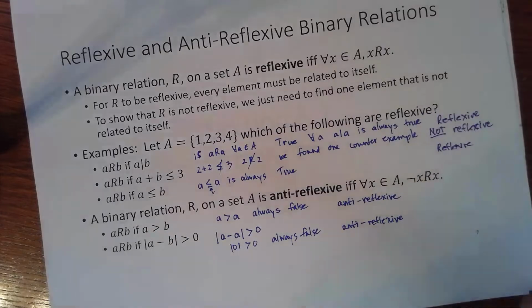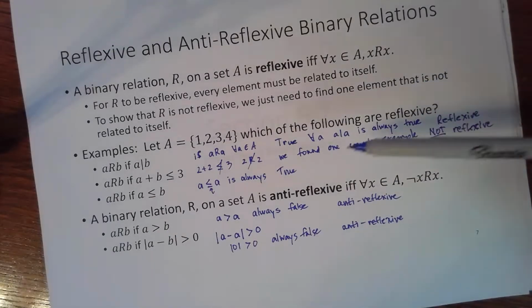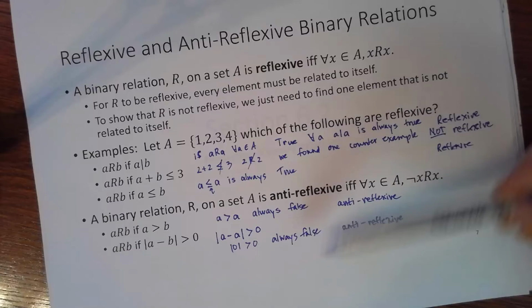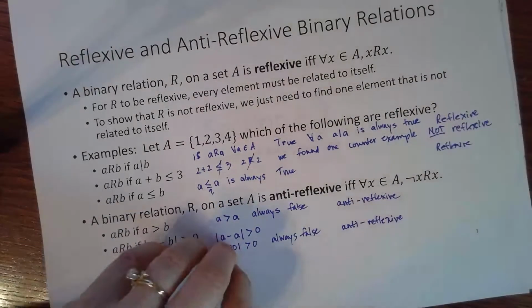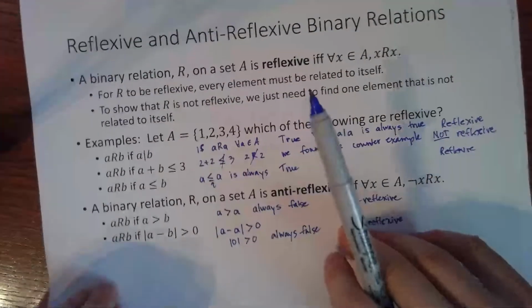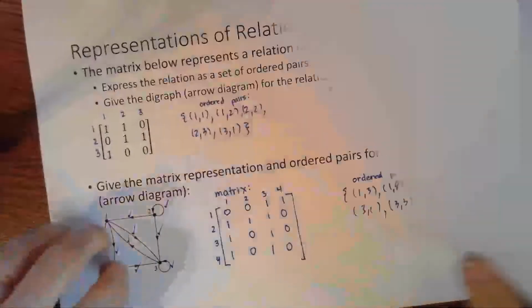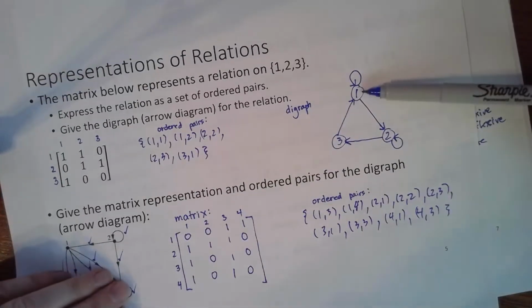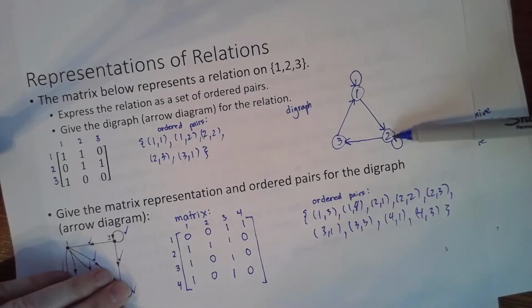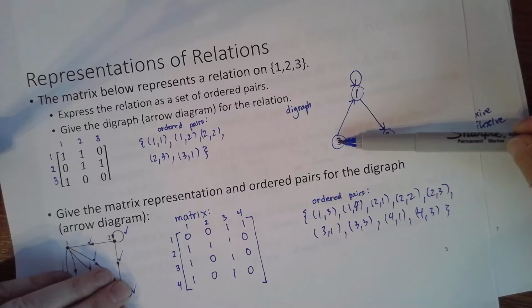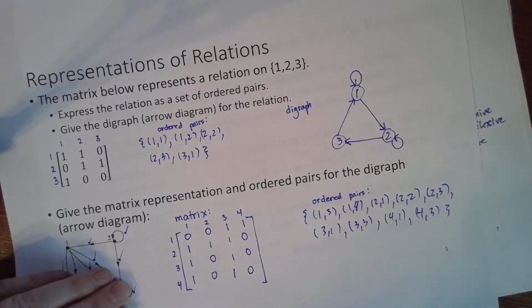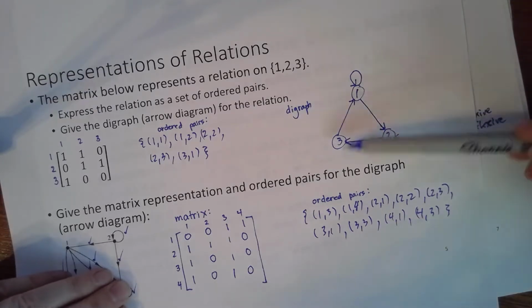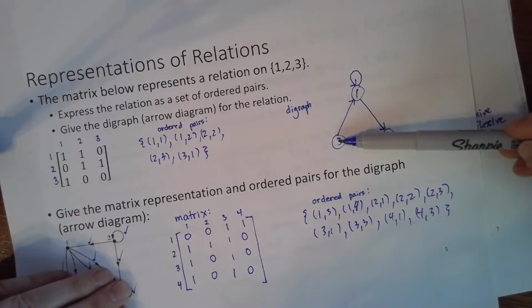If we ever have the case where sometimes A is related to A and sometimes it's not, for example, in our last set of notes we had 1 related to itself and 2 related to itself, but 3 isn't related to itself. It's not reflexive because I can find a counterexample where 3 is not related to 3.